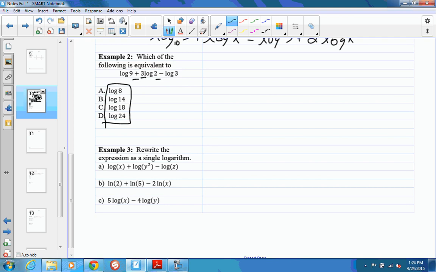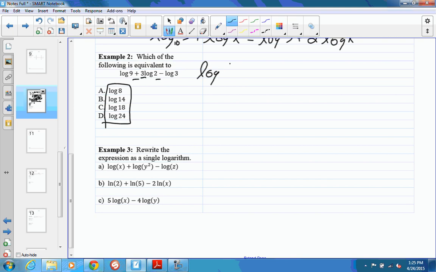So first, I'm going to change this to log of 9 plus what? What am I going to change 3 log of 2? Would that be log of 8? I was getting 8, because you take the 3 like an exponent, right? So he's saying, oh, I forgot to put the number 9 in there.